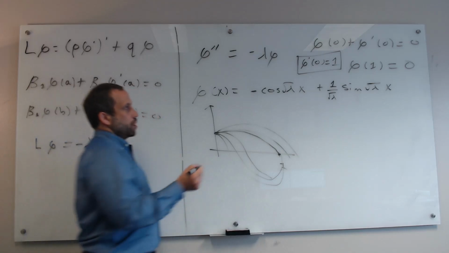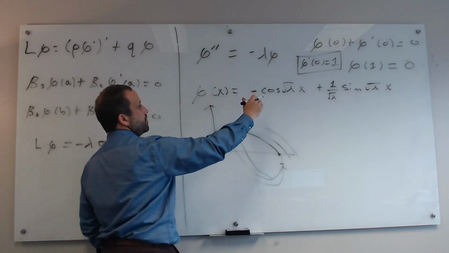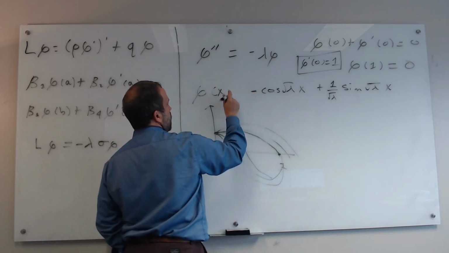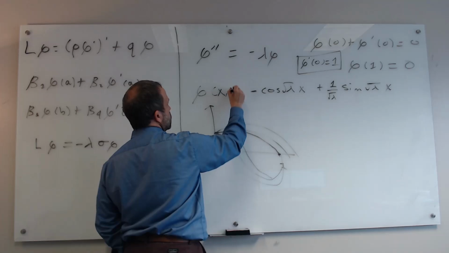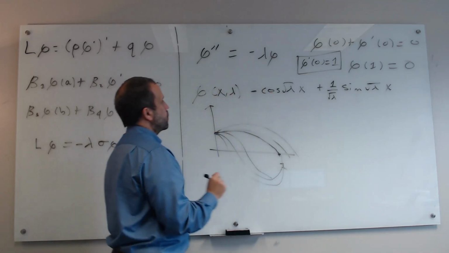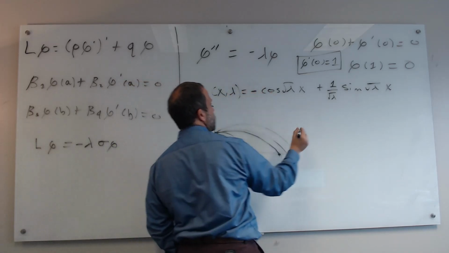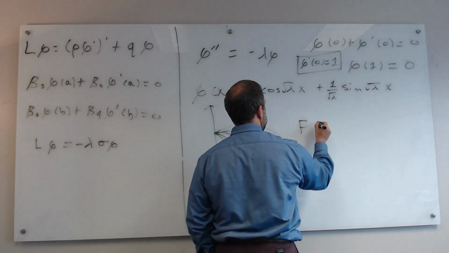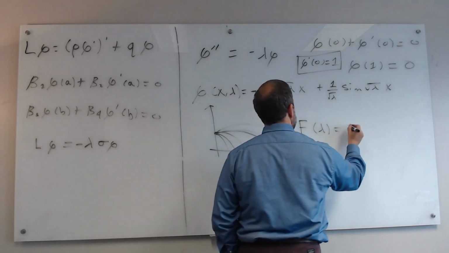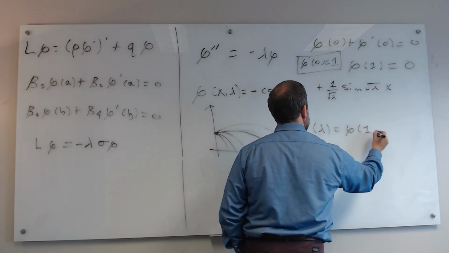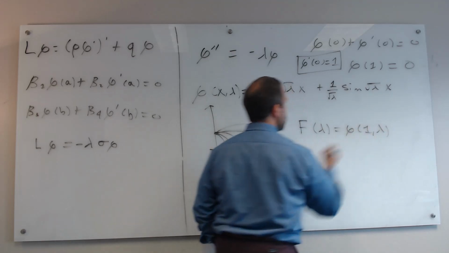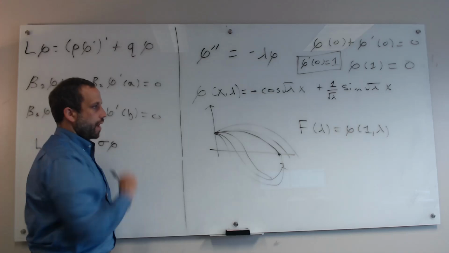So in other words, we're going to define a function. If this is phi of x, and I'm going to put a comma lambda because it depends on lambda, what we want to define is f of lambda equal to phi of 1, lambda. And we want to find the roots of this function.